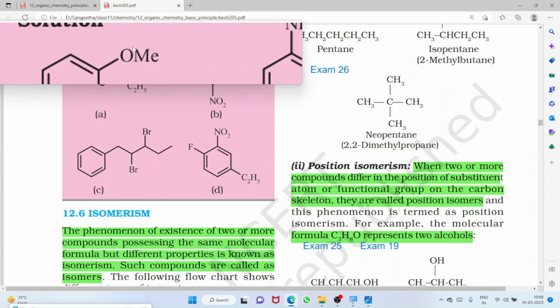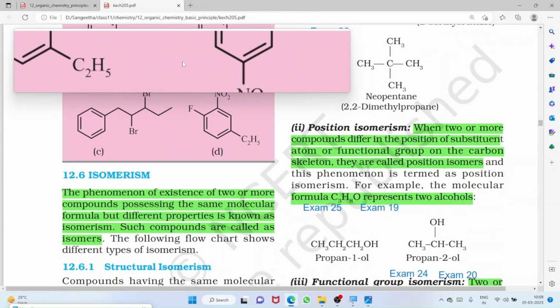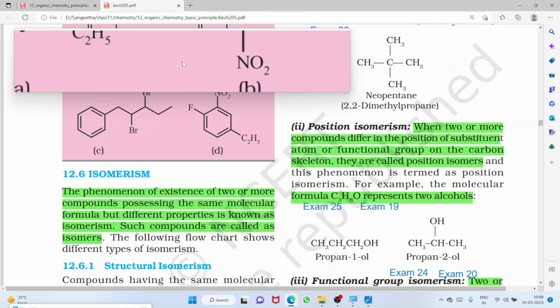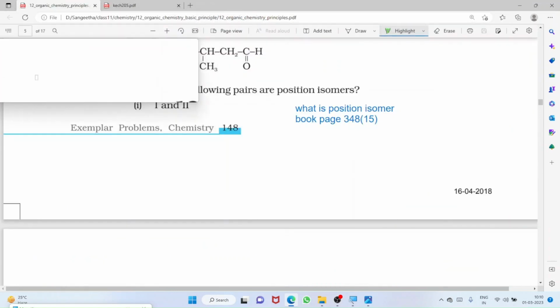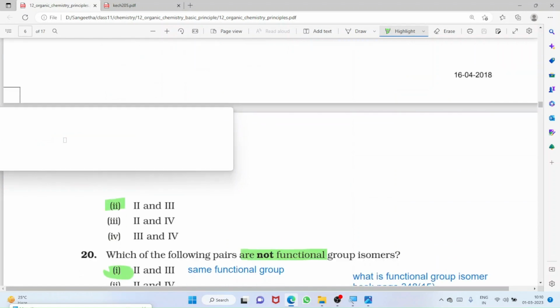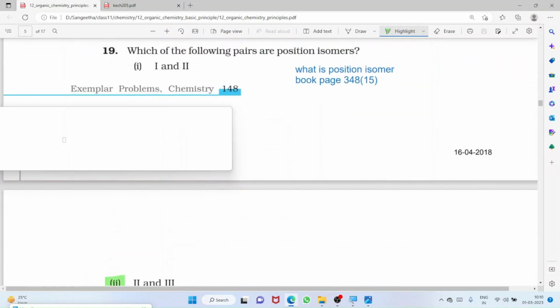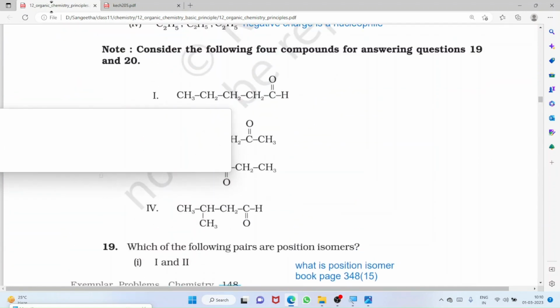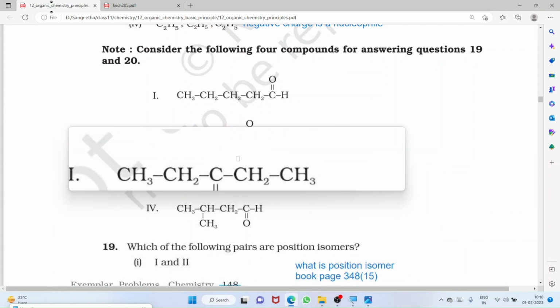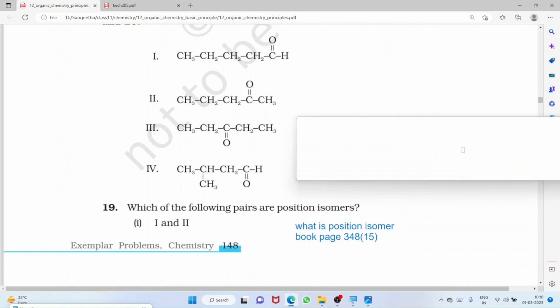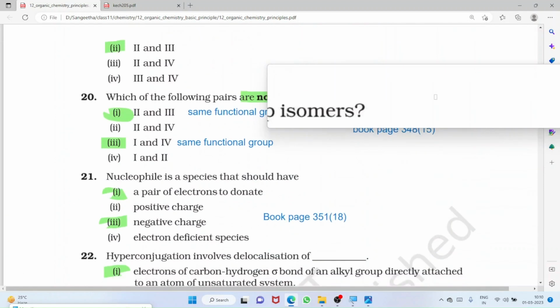When two or more compounds differ in the position of the functional group with the same molecular formula, the position of the functional group will be different. So based on that, we have 2 and 3. They have the same functional group but the positions are different, this one and this one.